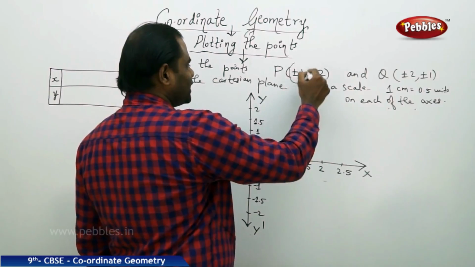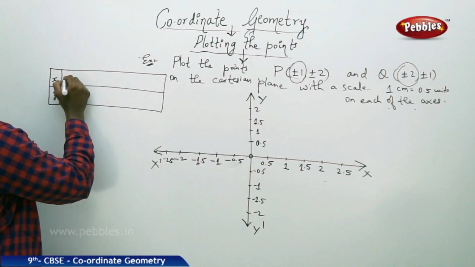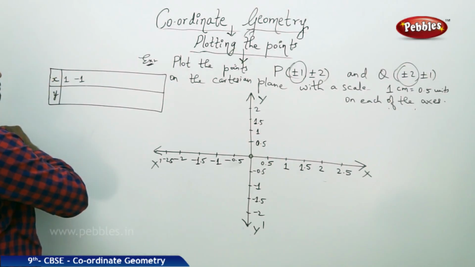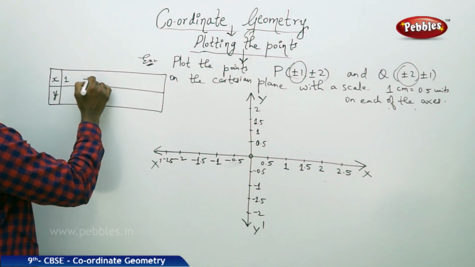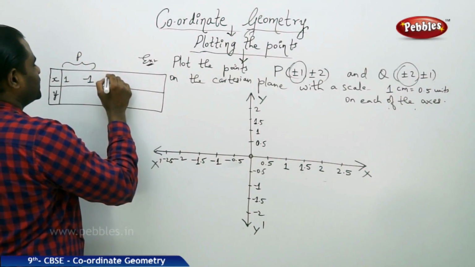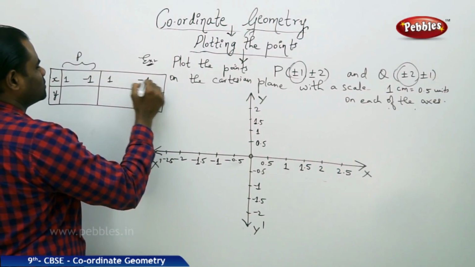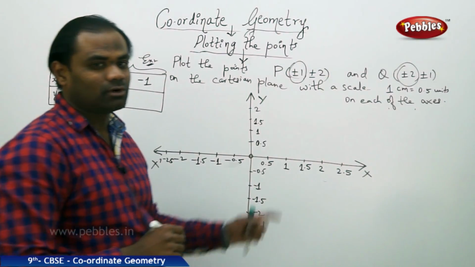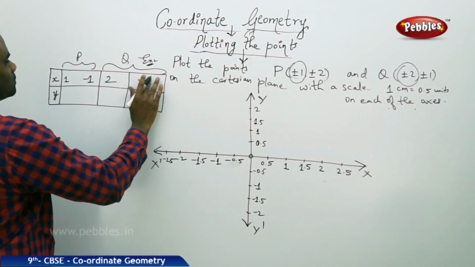Now let me pick all the X values of both the points P and Q. So I have first X equals plus 1 and then X equals minus 1. These are the coordinates for P, and then I have X equals 1 and X equals minus 1 for the coordinates of Q. So each of the coordinates has X as plus or minus 1 and plus or minus 2.